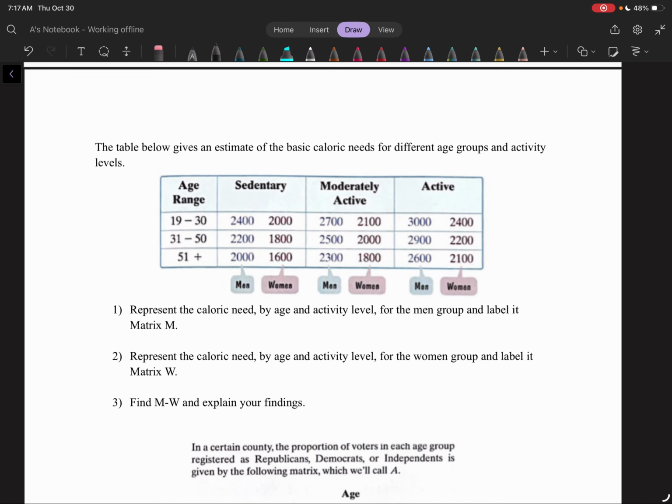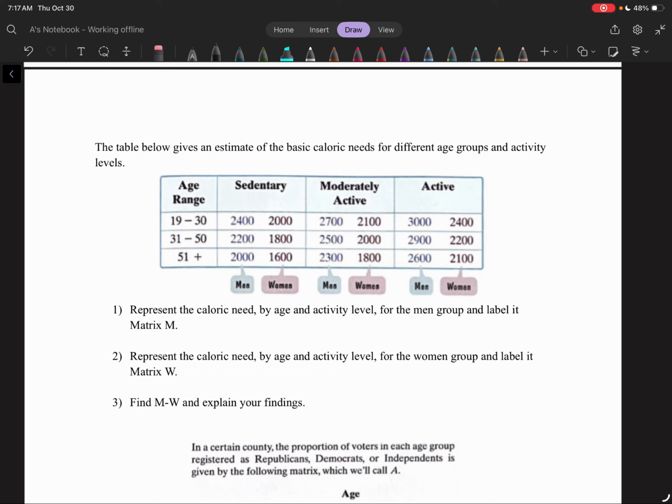The table below gives an estimate of age range, sedentary, meaning not moving, moderately active, and active, for males and females with their calories per day.